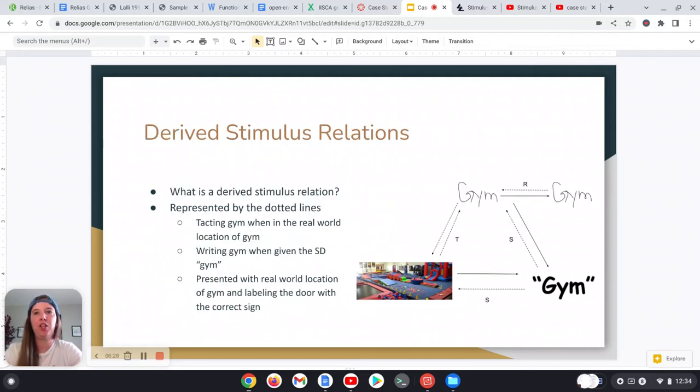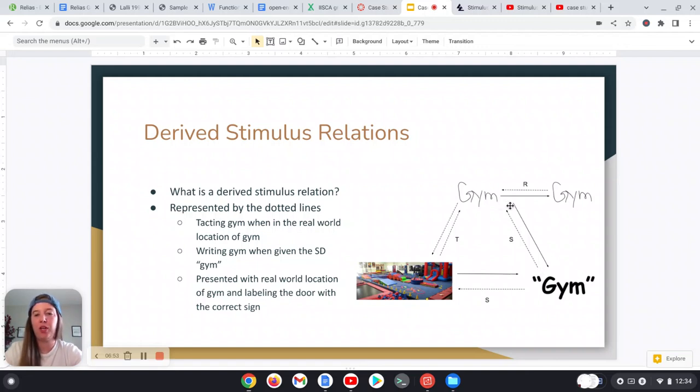Now, derived stimulus relations are basically just a relation between stimuli that is not directly trained. So the biggest example of that is transitivity. So on the diagram that I made over here, the derived relations are represented by the dotted lines. Now, like I said, everything that has a solid line are the connections that we taught.